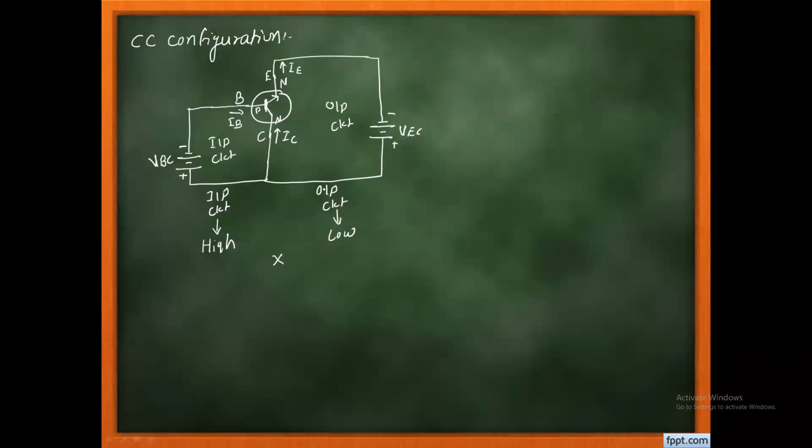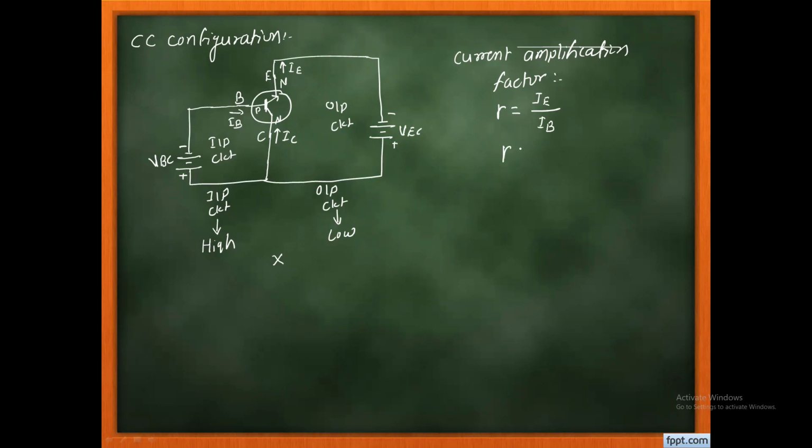But why do I keep this diagram in front of you? Because maybe for the university exam, the current amplification factor. Now, in the common collector configuration, this current amplification factor is denoted by gamma, the ratio of the output circuit current, IE, to the input circuit current, IB.